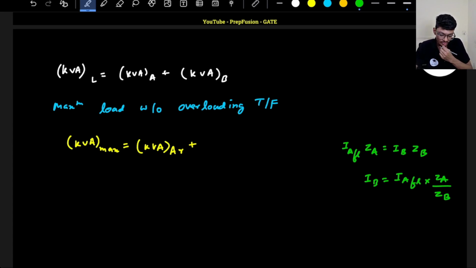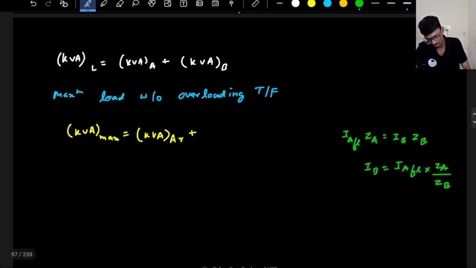Now can I use something? I want to write this in terms of the S base. How will I write this in terms of the S base? That is what I am trying to figure out. This is IAFL, that is fine. If I divide by IBFL on both sides, what will I get?